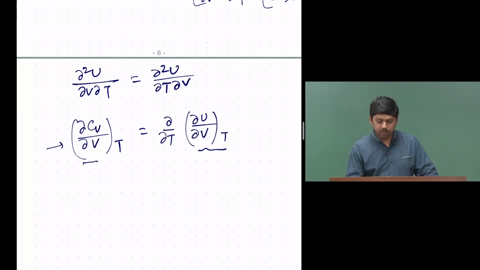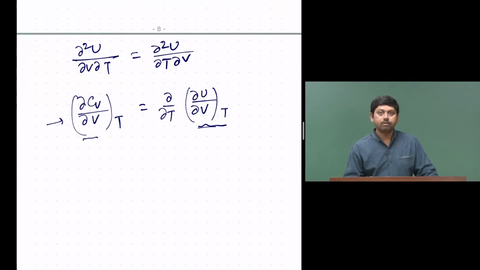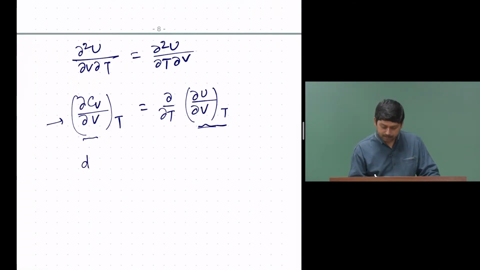If we show this to be 0, then we know that it does not vary with V anymore, and that is the reason we wrote del V, and then it gives me this particular quantity del U by del V at a constant T. Another reason of writing this way, because we have shown you that this can be converted to something of P and T. For example, you know that dU equal to TdS minus PdV.